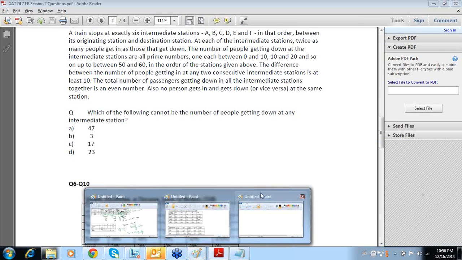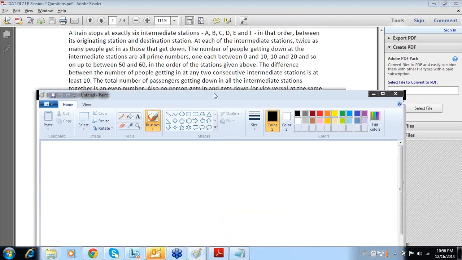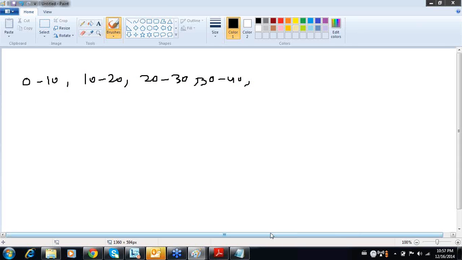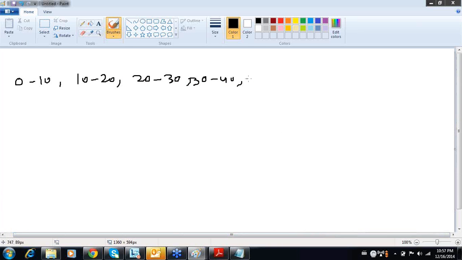So basically, we have to find out six prime numbers which are in these ranges: 0 to 10, 10 to 20, 20 to 30, 30 to 40, 40 to 50 and 50 to 60.